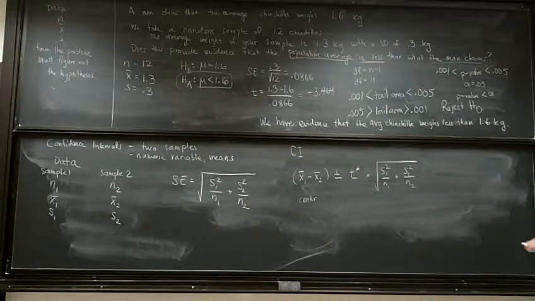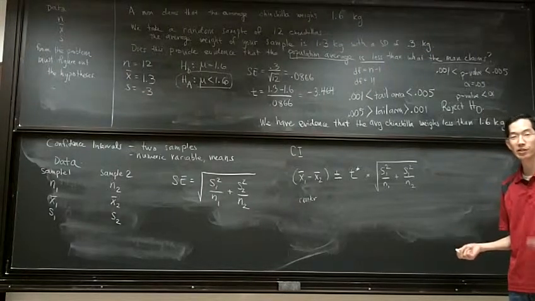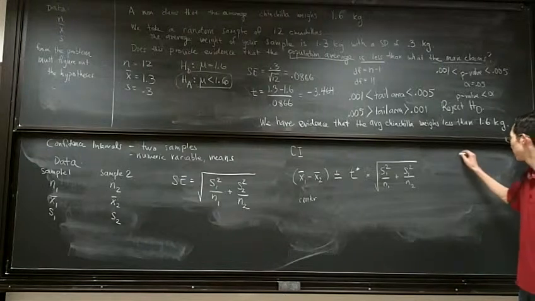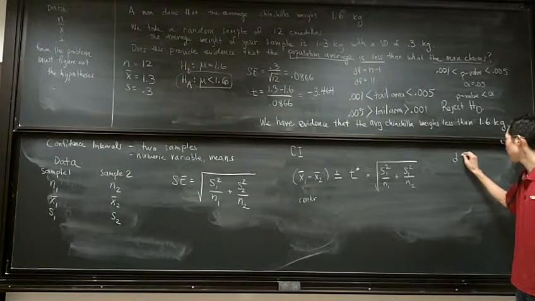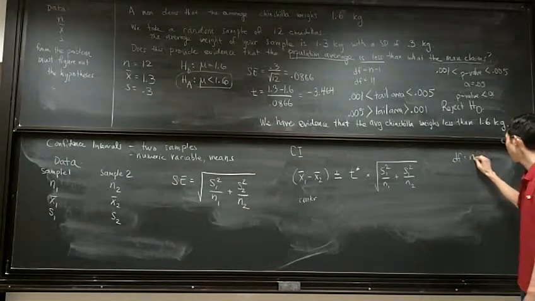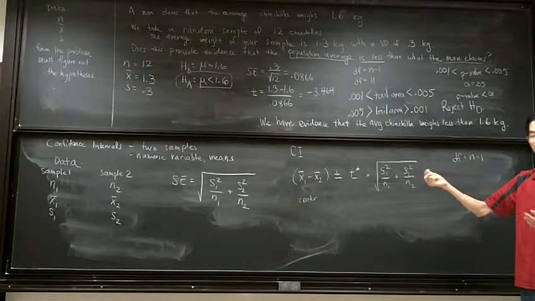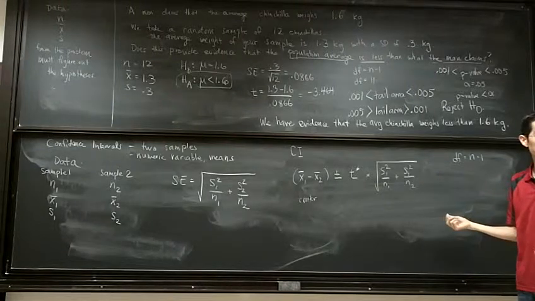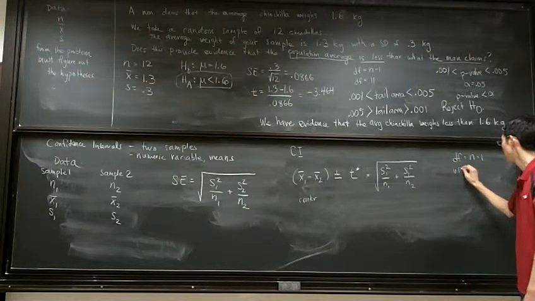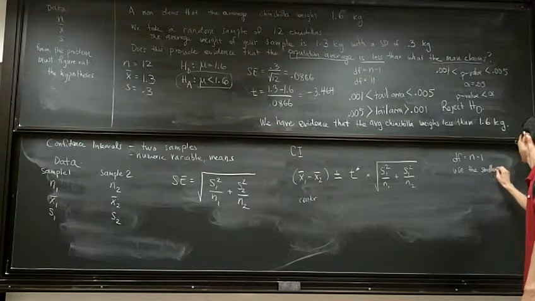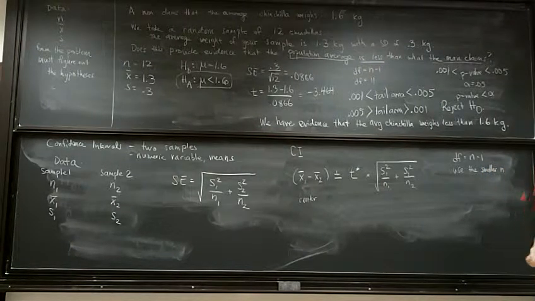Now, picking t star requires degrees of freedom and your confidence level. So, the degrees of freedom is going to be n minus 1, but which n do you use? Use whichever n is smaller between n1 and n2, okay? You have 2 n's, use the smaller n. That's it.